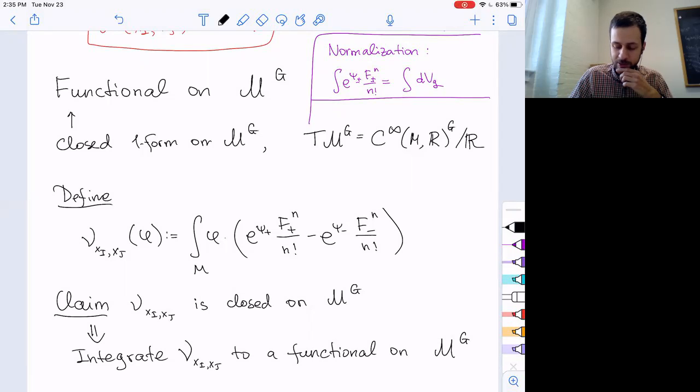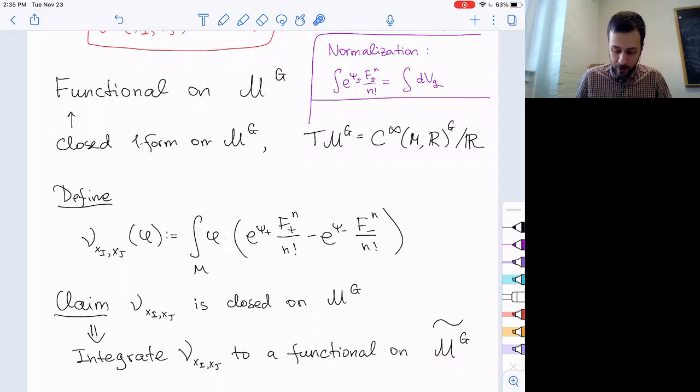And of course, we would like to have a functional on the generalized Kähler class. Unfortunately, it doesn't work quite like this, because the generalized Kähler class supposedly can have quite a complicated topology. It's not necessarily simply connected. In general, we don't have a good understanding of the topology or geometry of the generalized Kähler classes, because it's something like the group of Hamiltonian diffeomorphisms, and groups of Hamiltonian diffeomorphisms are pretty complicated. They're not that well understood.